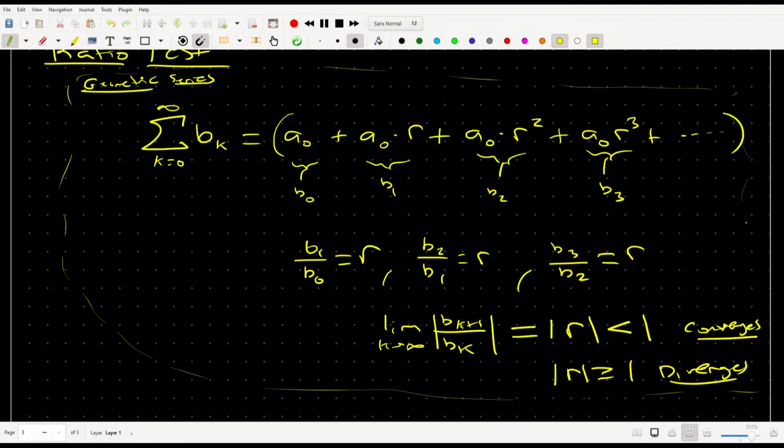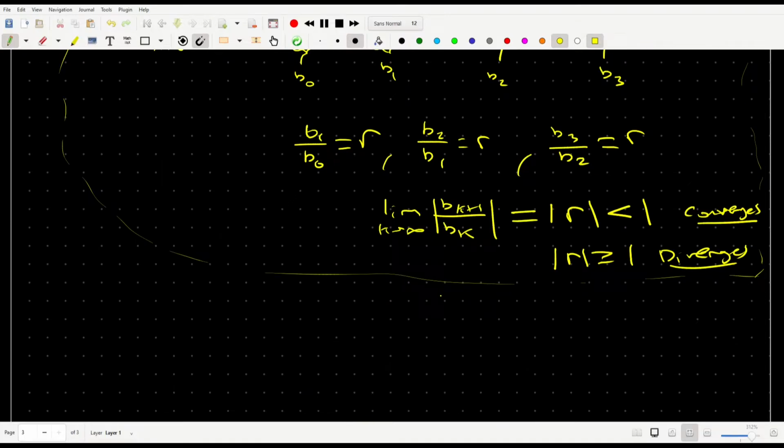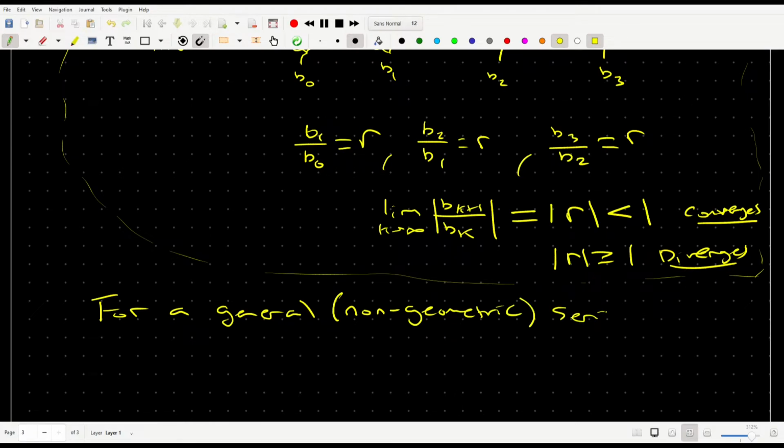The idea behind the ratio test now is that for a general non-geometric series, we're going to look at the limit as k goes to infinity of the absolute value of the ratio of subsequent terms in the series.